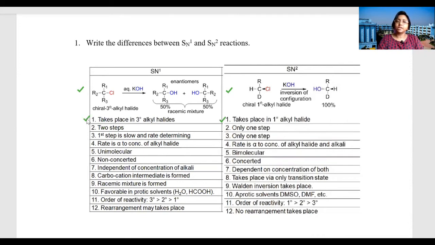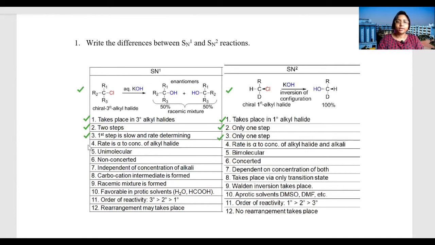Next, in SN1 you have seen two steps: the first one is a slower process, the second one is the faster process. And the SN2 is only one step. Third, in SN1 the first step is slow and rate determining, and in SN2 there is only one step.